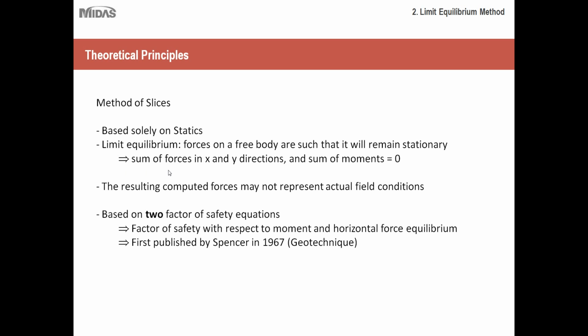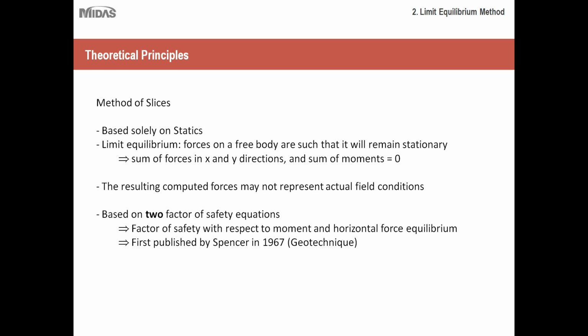Okay, and it's based on two factor of safety equations: the factor of safety with respect to moment and horizontal equilibrium, and this was first published by Spencer in 1967 in the Geotechnique article. So just a recap of the factor of safety: essentially it's a ratio of the forces acting against your slope, making it unstable, versus the forces that are keeping your slope stable.